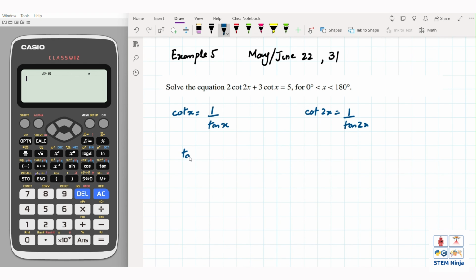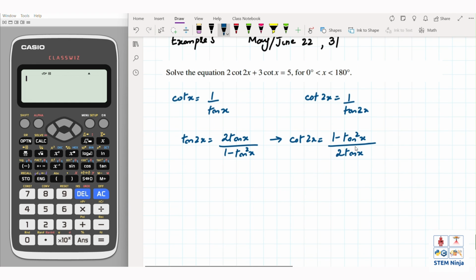So we know that tan of 2x can be written as 2 tan x over 1 minus tan squared x. So that would mean that the reciprocal will be written as 1 minus tan squared x over 2 tan x.